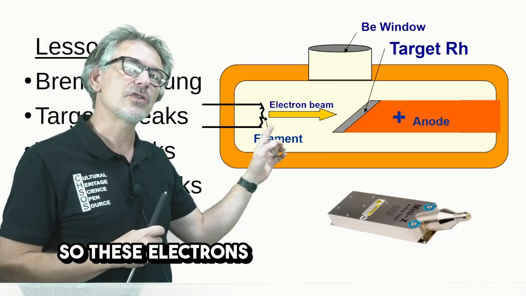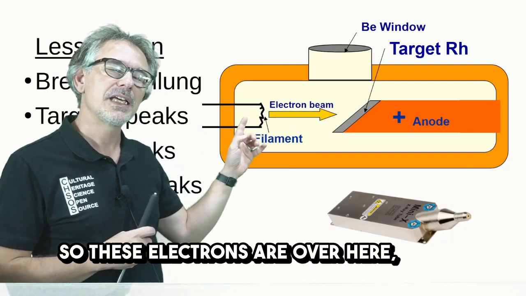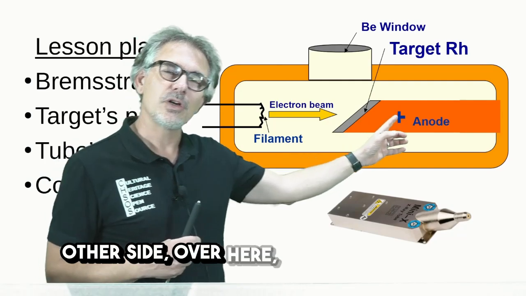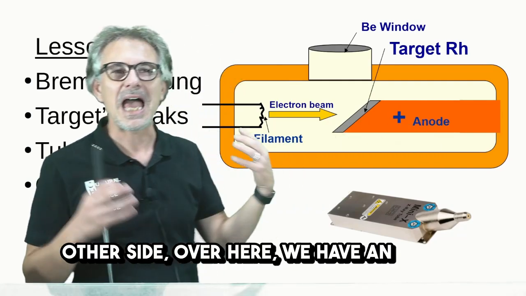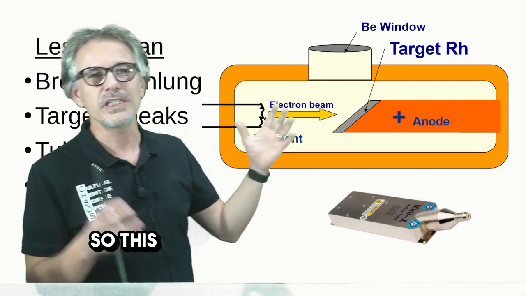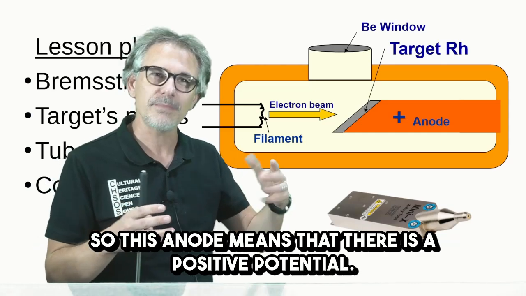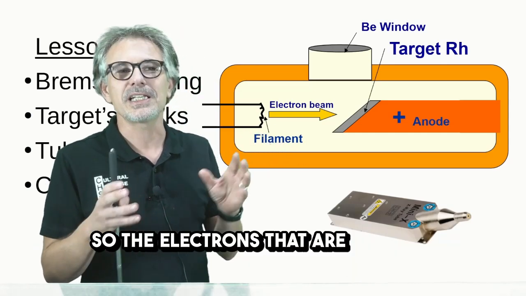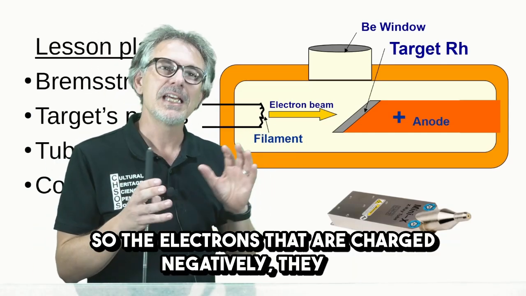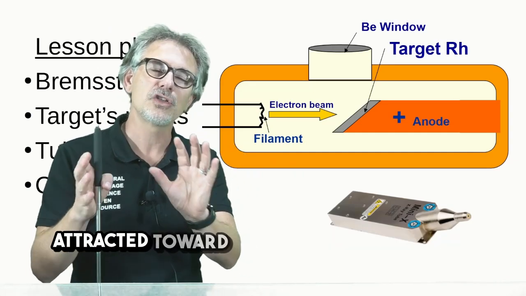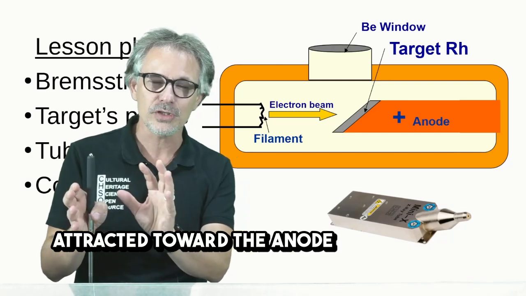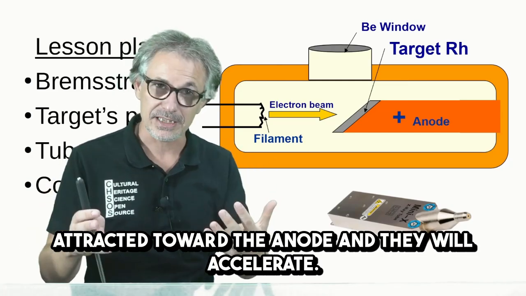So these electrons are over here. On the other side, over here we have an anode. So this anode means that there is a positive potential. So the electrons that are charged negatively, they are attracted toward the anode and they will accelerate.